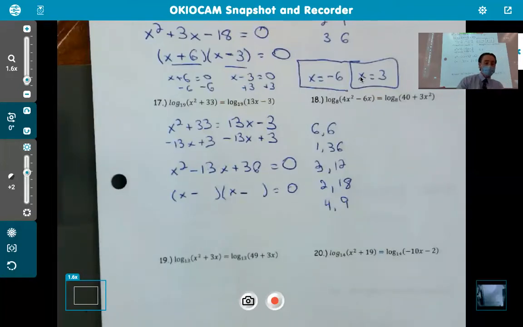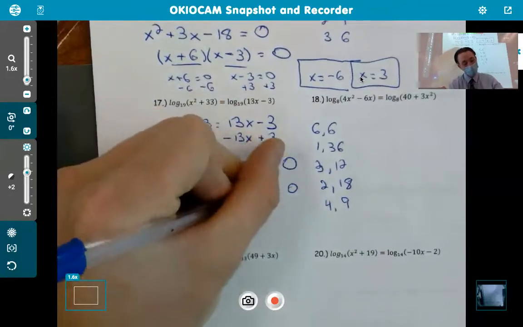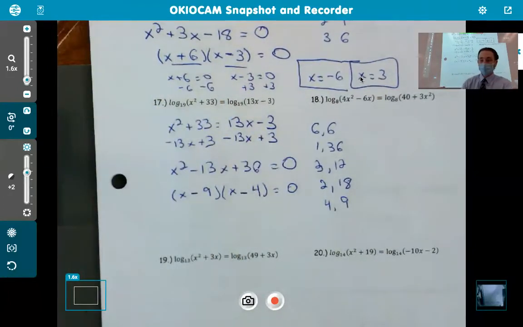So now my question is, what two numbers should I plug in? What two numbers are going to multiply to give me positive 36 and add to give me negative 13? 9 and 4. Good. Everybody see how we did that?